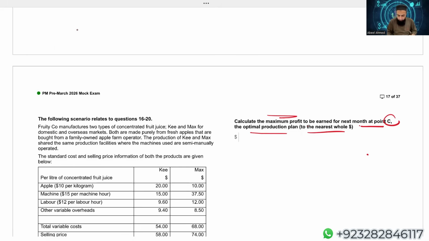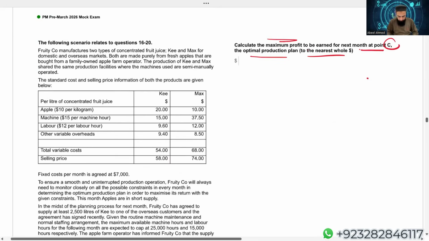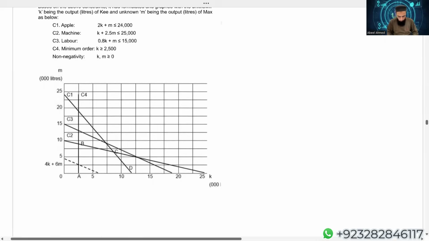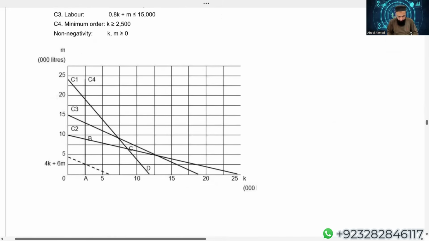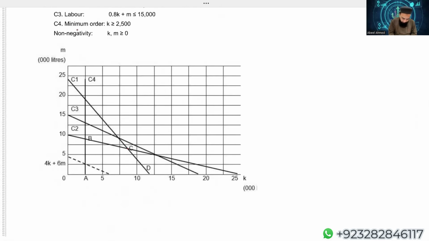At point C, for the optimal production plan, let's see. There's a graph of linear programming. Okay, point C is here. Now let us find out which lines are intersecting at point C. You have to see the graph nicely.